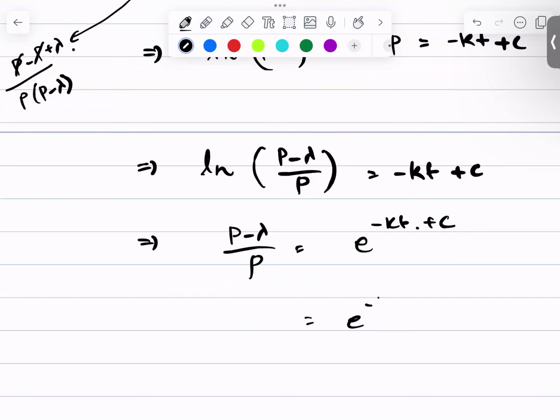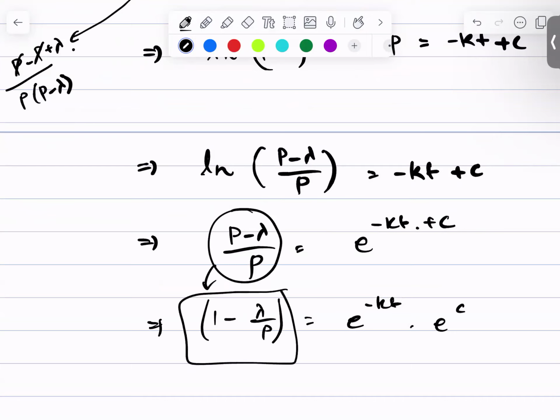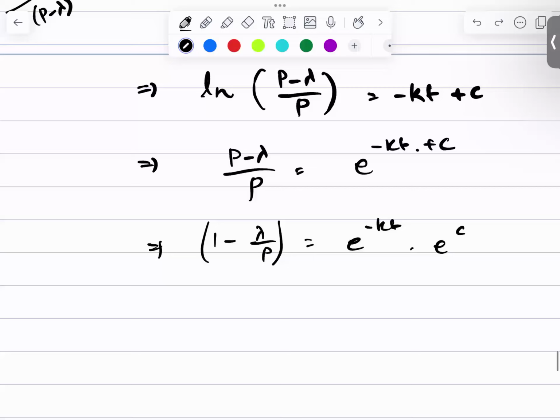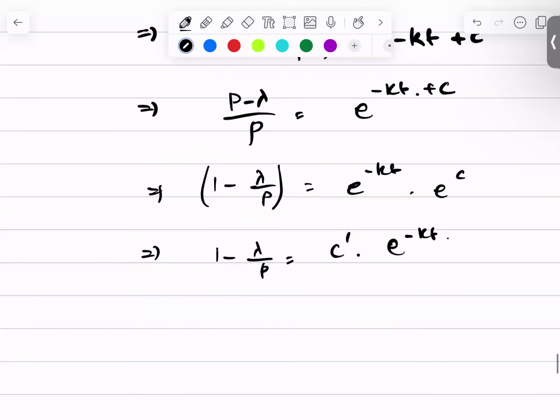This is e to the -kt times e to the c. I can write this as 1 - λ/P, and then 1 - λ/P is C′ e to the -kt. Then you can write this in terms of P on the left hand side.